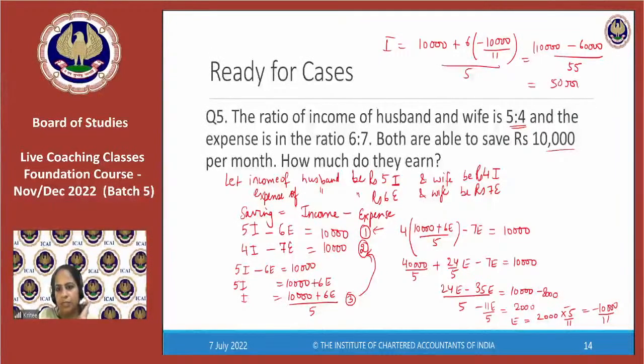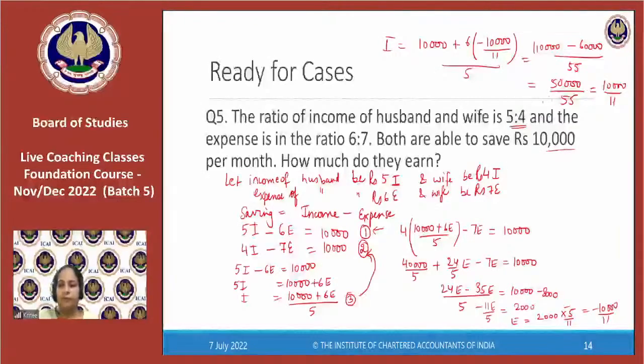Okay, probably because the question had random numbers, the answer might not be in line, right? Yes, expense is coming to negative. Yes, that's correct then. So your income is 10,000 by 11.